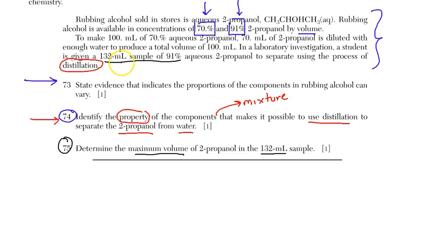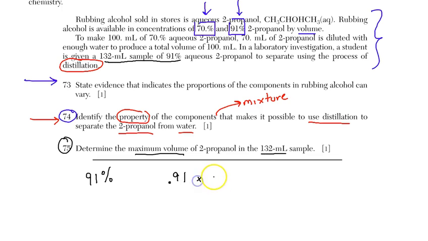What they're saying to you, if it's 91% by volume of rubbing alcohol, then it's 91% of the 132 milliliter sample of the solution with water. So all they're asking you to do is to find 91% of 132. And when you do that, you're going to move your decimal place 2 places. We've talked about this in another problem.